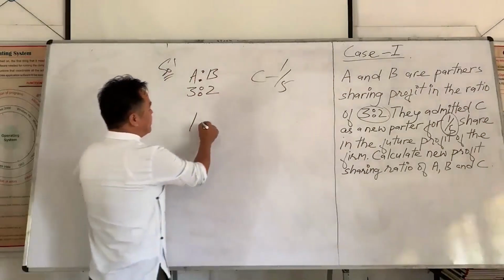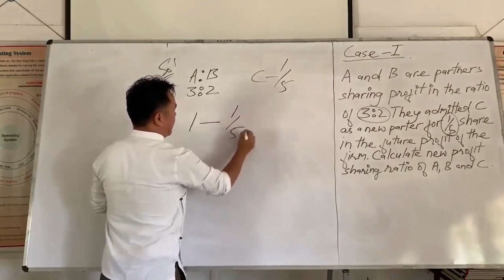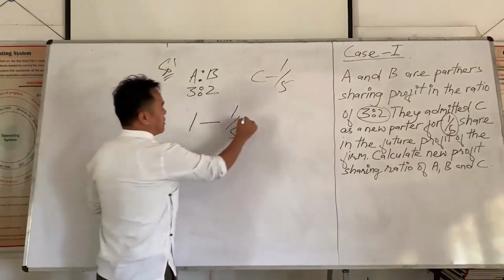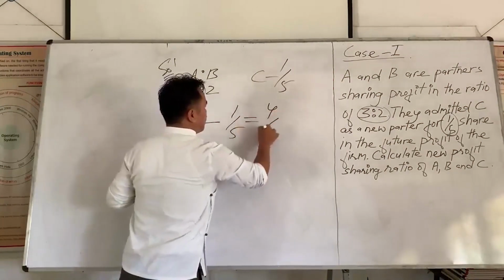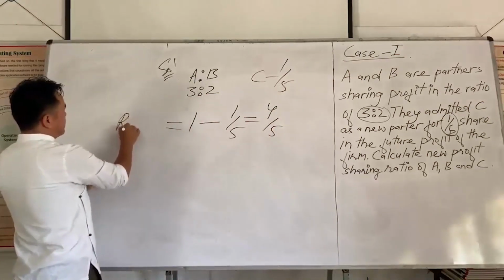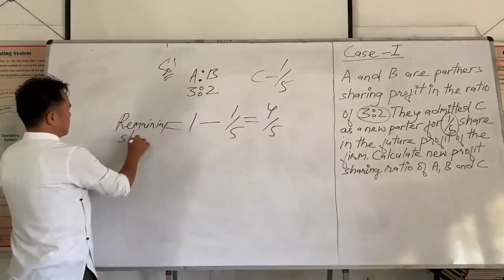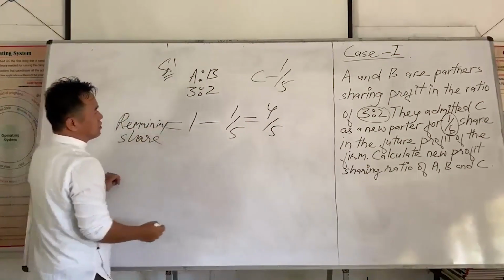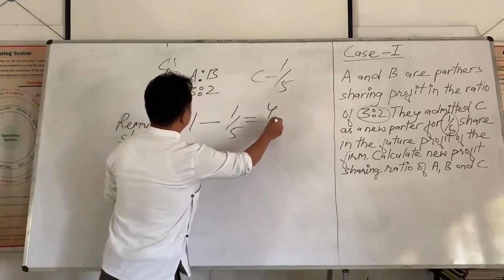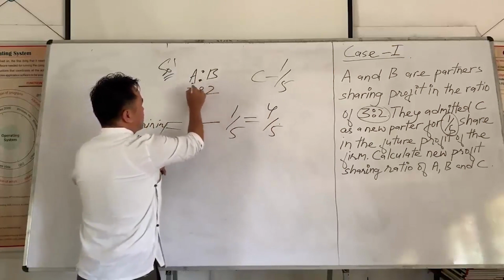If we deduct C's share, that is 1 by 5, from 1, then we get 4 by 5, which is called the remaining share. This 4 by 5 is shared by A and B in their own profit sharing ratio.